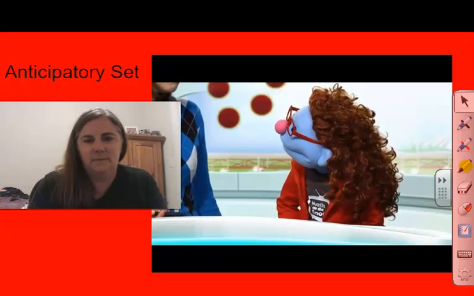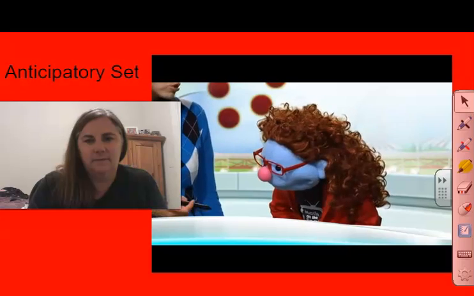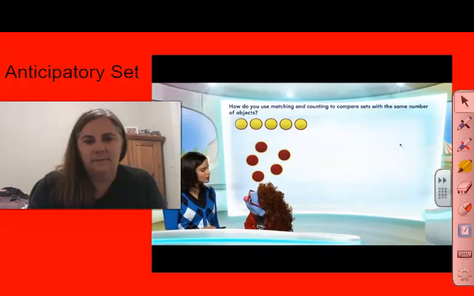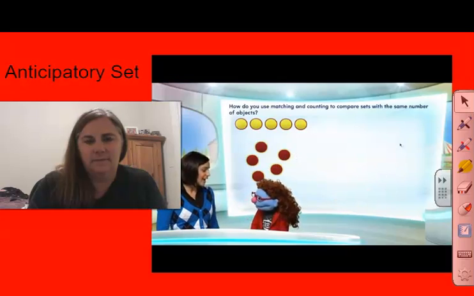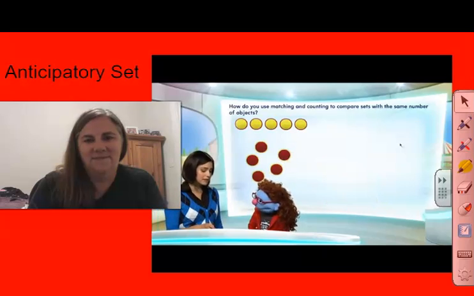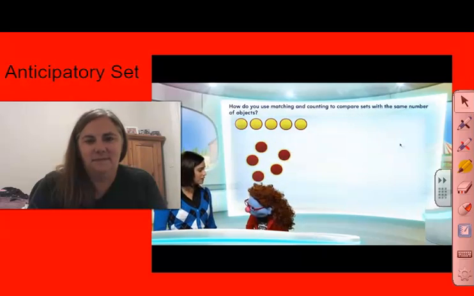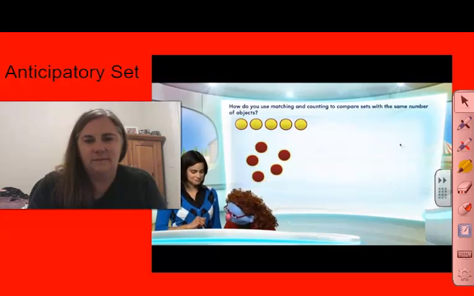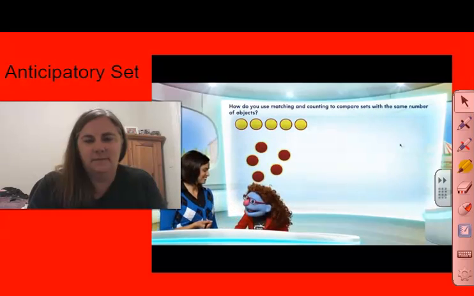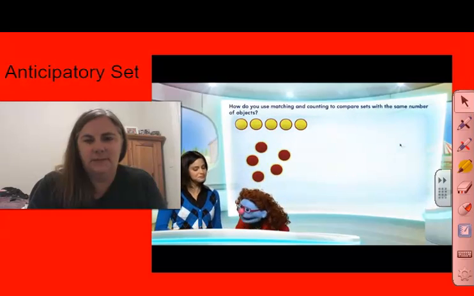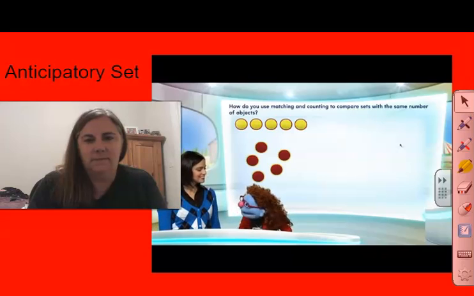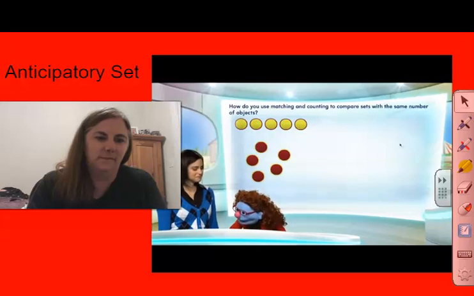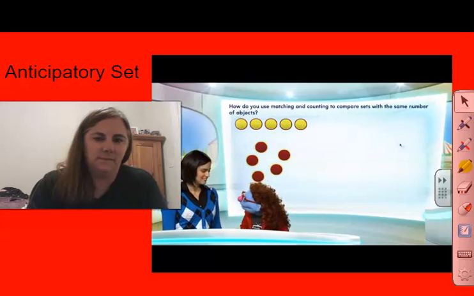The reason why you might think that Joey has more stars than you is because you're a little bit more organized. Any ideas of what we might be able to do so that we can see how many stars you have and how many stars Joey has? Let me look. Well, I like to put my stars in a row just like my yellow counters are. I think maybe if we put Joey's red counters in a row, that might help me.